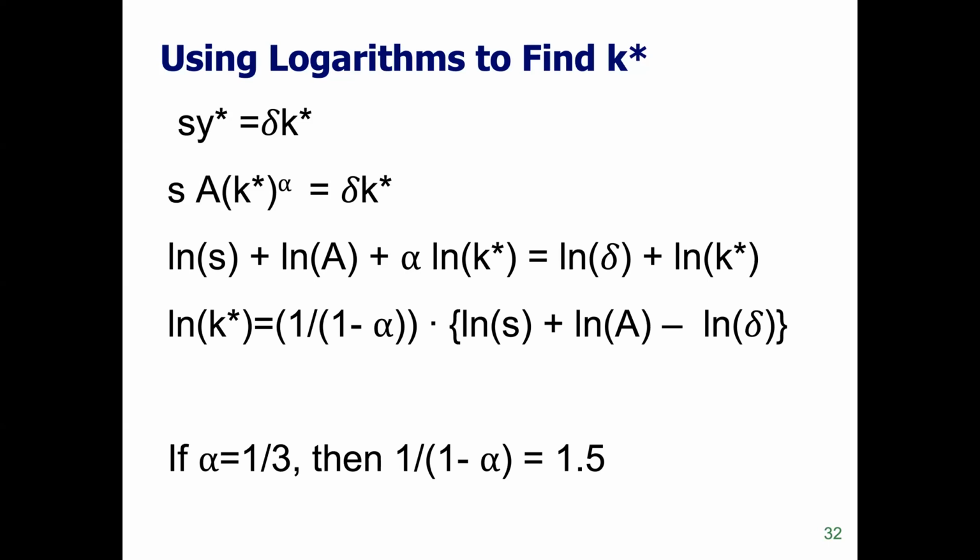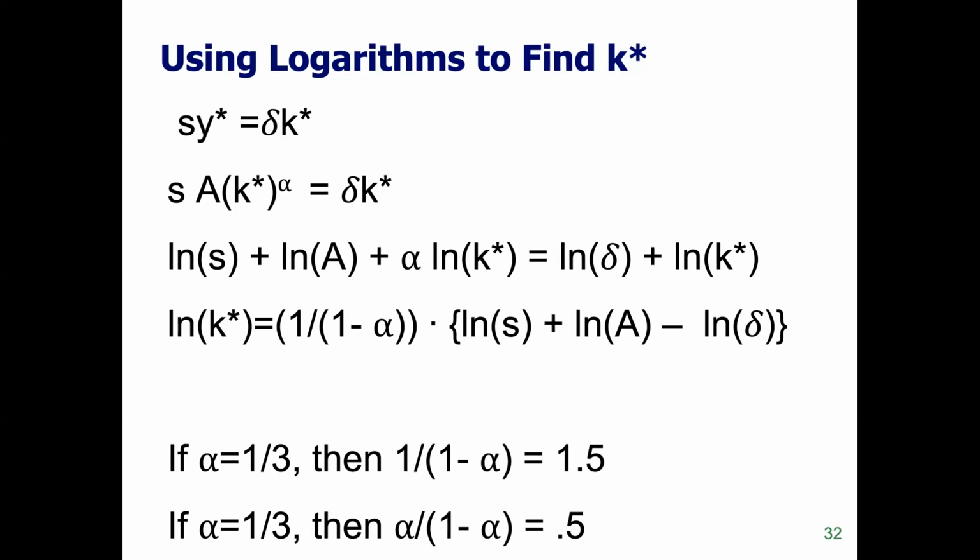Well, 1 minus alpha is 2/3, and 1 over 2/3 is equal to 1.5. Also, if alpha is equal to a third, then alpha over 1 minus alpha is a half, because a third over 2/3 is a half. We're going to need that on the next slide.